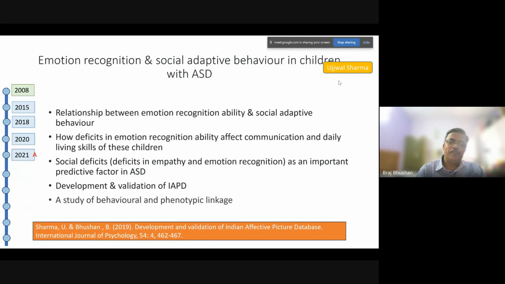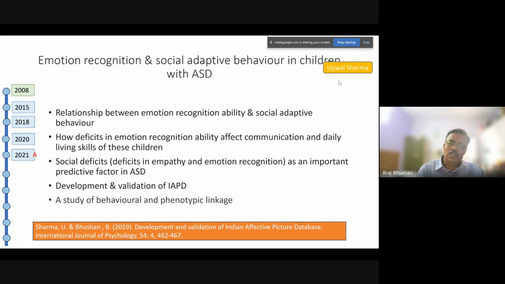So development of a database, what we call the Indian Affective Picture Database now, standardizing it, and ensuring that this can be used as a training module for these children so that they can understand the behavior of others, the non-verbal signals, and they can communicate as well.